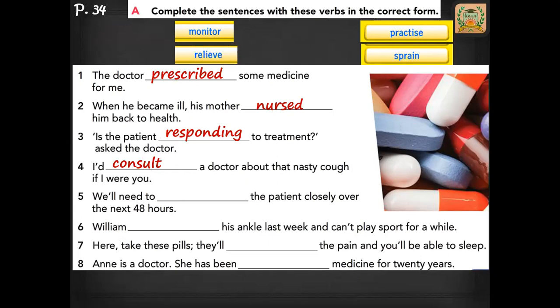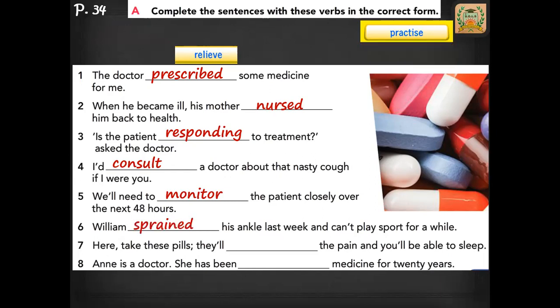Number 5, will need to the patient closely over the next 48 hours. A patient is a sick man and we need to do what? Yes, monitor means watch him closely. Number 6, William his ankle last week and can't play sport for a while.